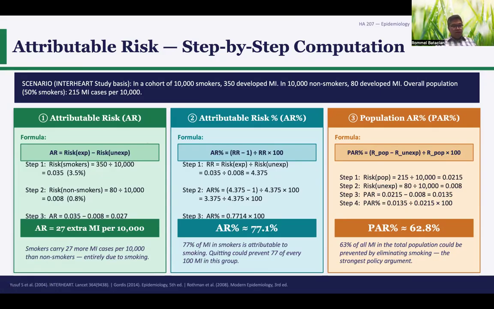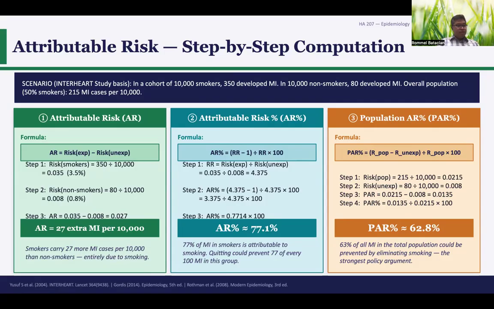And then you compute also the non-smokers. So 80 MI cases among 10,000 non-smokers. And that is 0.008 or 0.8%. And then you subtract them both and you come up with 0.027 or 27 extra cases of myocardial infarction per 10,000 individuals.